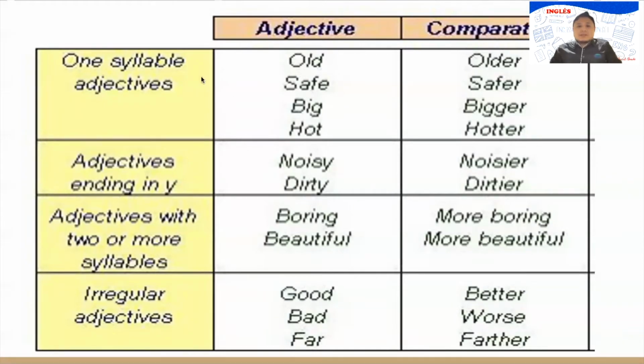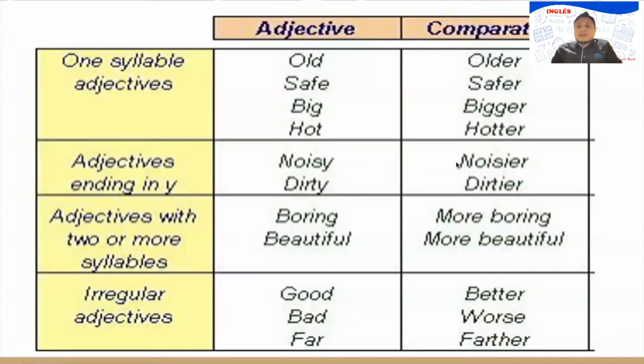So as one-syllable adjective type, we have other types of adjectives. For example, we have adjectives that end in y, adjectives with two or more syllables, and irregular adjectives. Among the adjectives that end in y, we have noisy and dirty. And obviously, we have more adjectives that end in y, but these are just some examples for you.